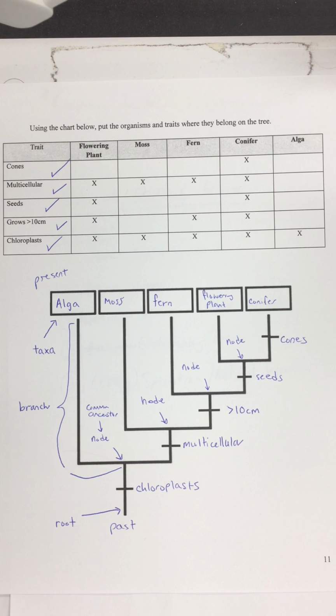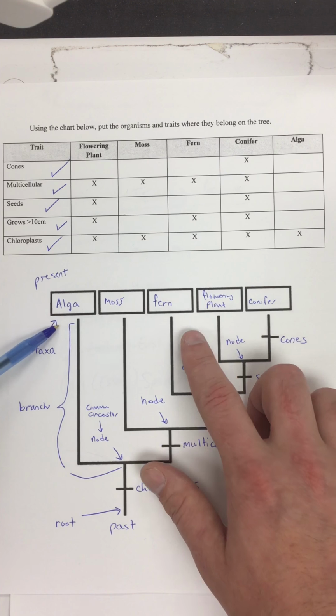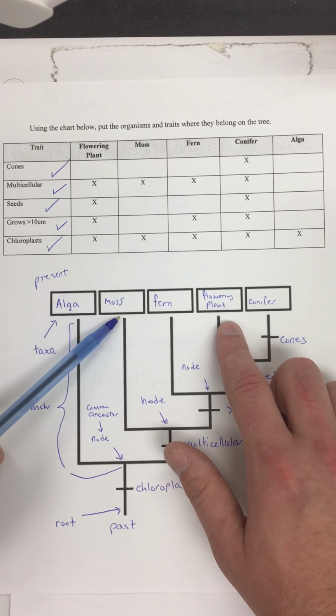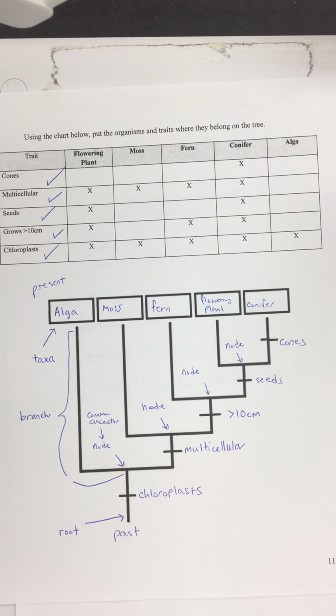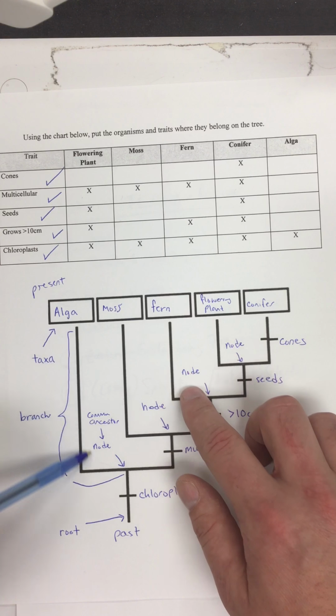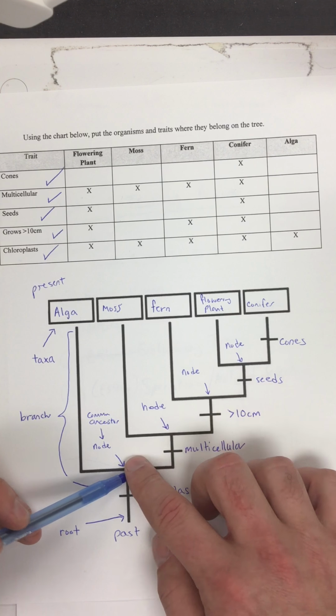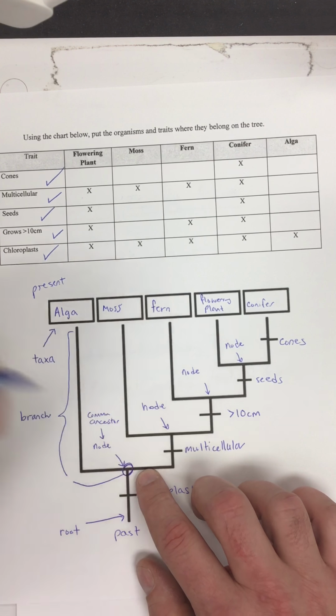Please read the instructions. I could ask you a question like, based on this, who is more closely related, the alga and the fern, or the moss and the flowering plant? For alga and fern, we go down, here's their common ancestor.